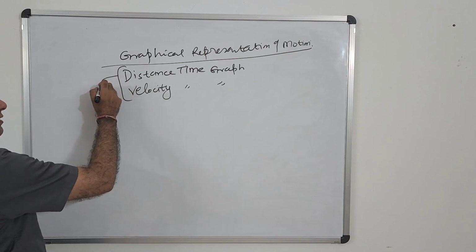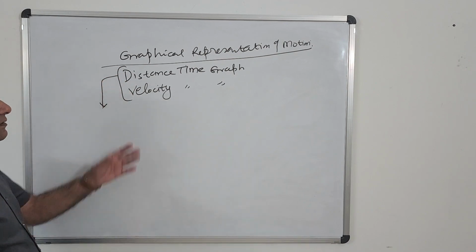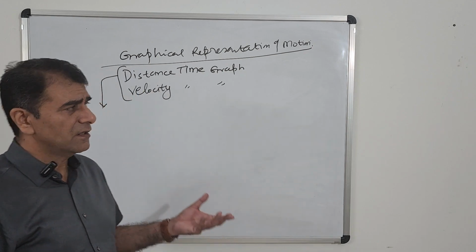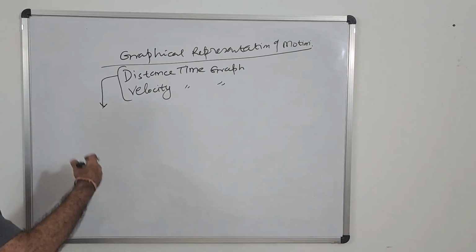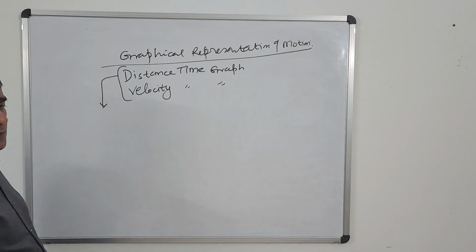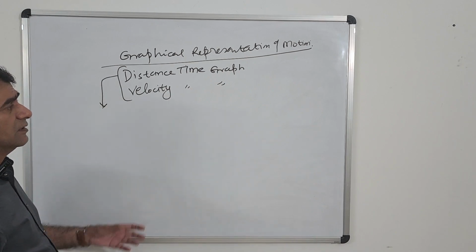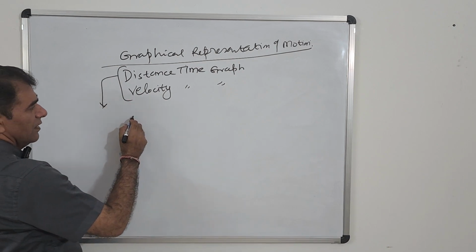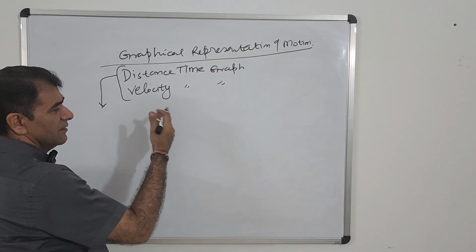To start with, what is the distance time graph? Actually, we did it in our previous lecture, but let us repeat it here for the new users of this channel.